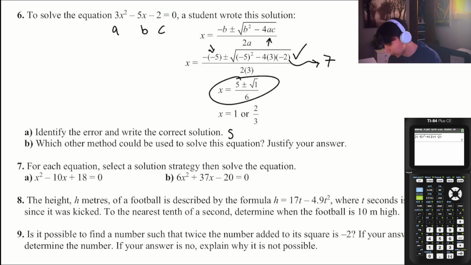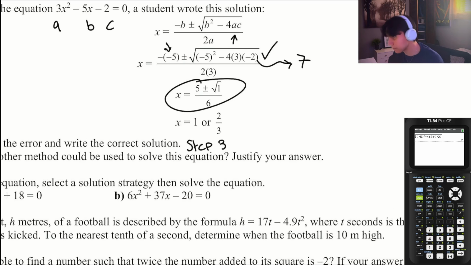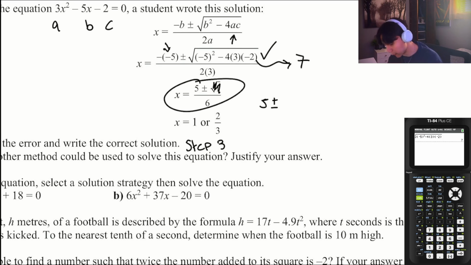So step 3. And to find the real solutions, we're just going to plug in our answer for roots in place of this on root 1 here. So we're going to put 7 instead of that. And we're going to get 5 plus 7 over 6 as one of your roots.